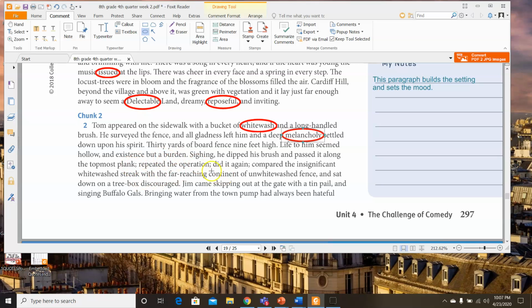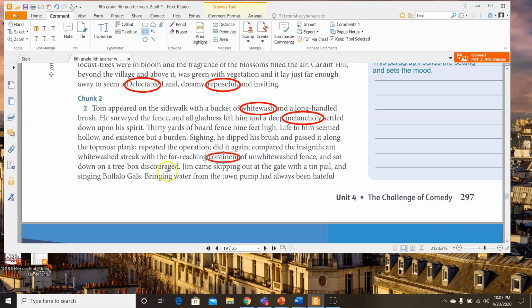And then I don't know if you guys know operation in this case, but it's basically like repeating the action. And then insignificant, you guys are probably familiar with that word. It means unimportant. And then the far-reaching continent of unwhitewashed fence. Here he's making a metaphor comparing how much fence is still not whitewashed to a huge continent on Earth. So that's a metaphor there.